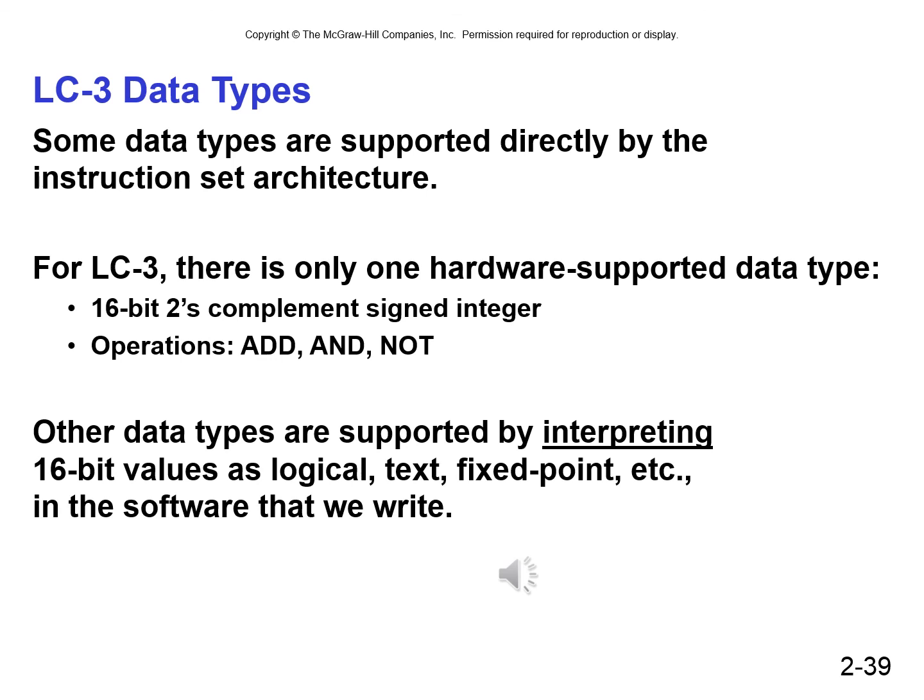And it allows us to do some machine language programming. We're going to have 16-bit 2's complement signed integers. We are going to have basic machine language operations, add, and not.